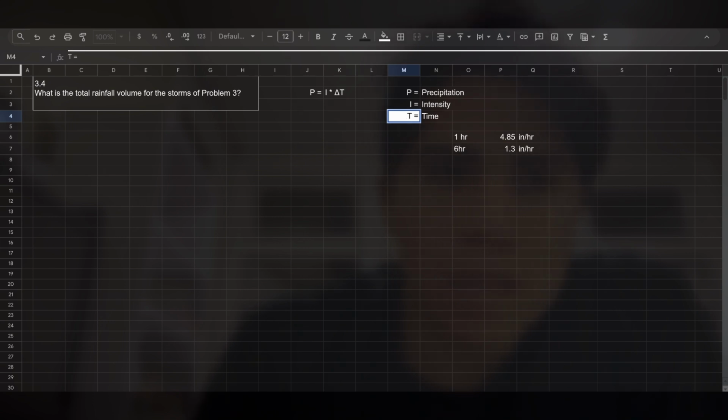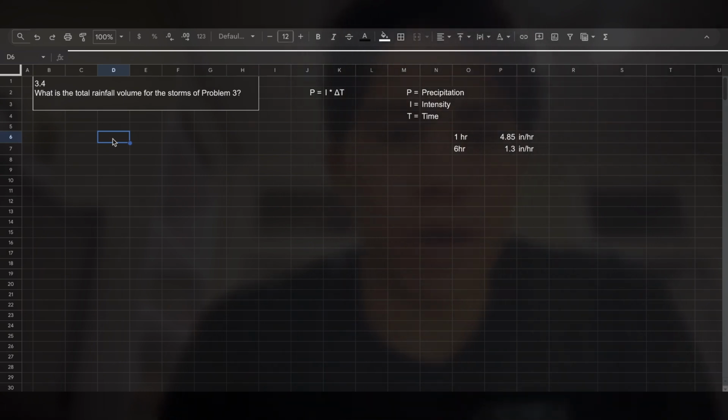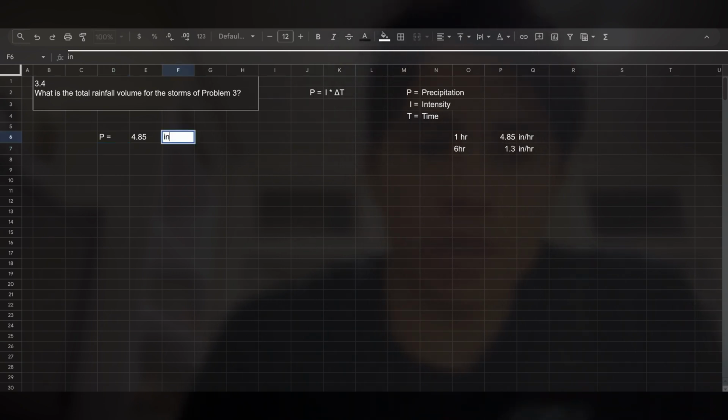So for part A, for the first storm of the 1 hour storm, our precipitation will be equal to our intensity, which is 4.85 times the time, which in our case is 1 because it's 1 hour. So it will be exactly the same value, 4.85 inches of precipitation. We have inches per hour times hour, that will give us inches.